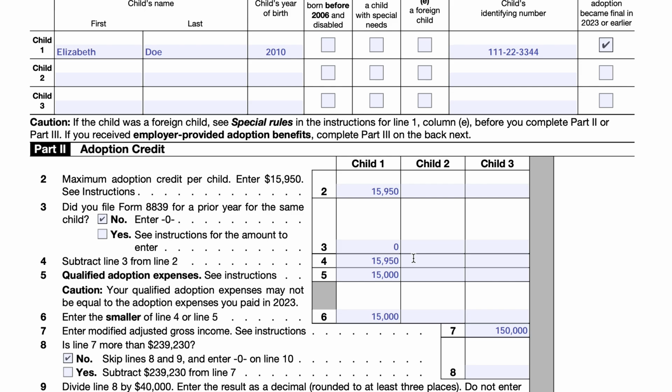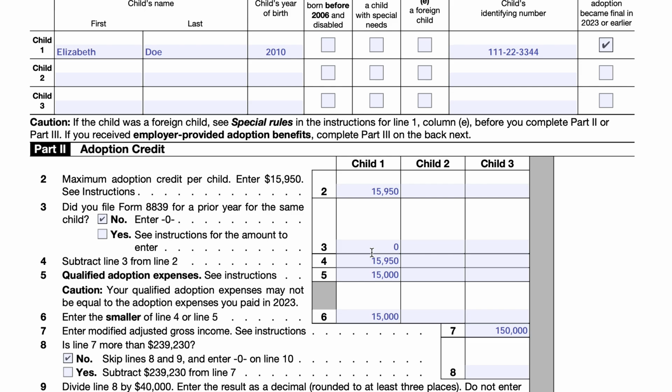In this case, John incurred $15,000 of qualified adoption expenses. These can be travel costs, meal costs for going to the child, legal fees, court costs, attorney fees. There's a wide variety of expenses that would be considered qualified expenses.